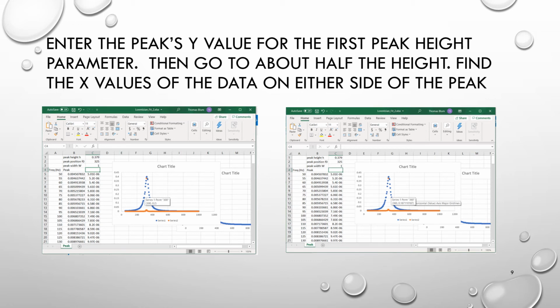So we're going to look at a level of about 0.2, and we're going to point at points that have a height of 0.2 on either side of the highest part of the peak, and we're going to note their x's. So we see that on the left there is an x around 300, and on the right there is an x of about 360. We're going to use these numbers next to come up with a width parameter.